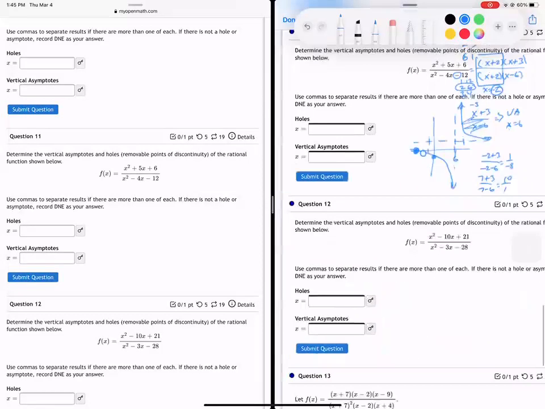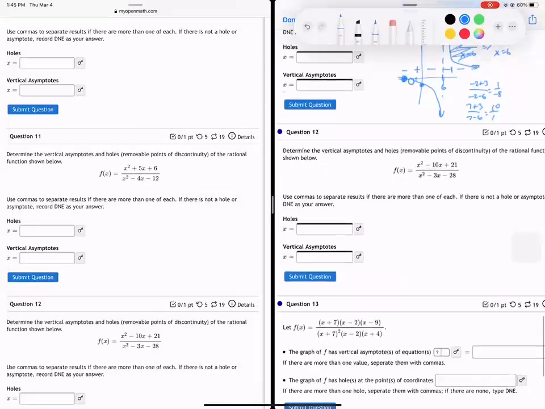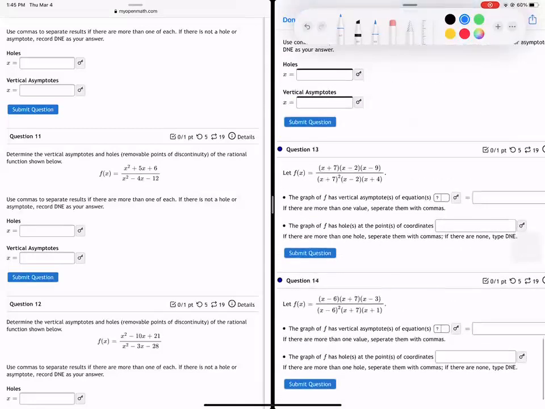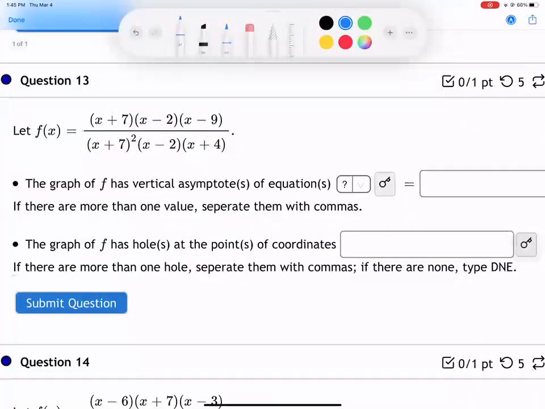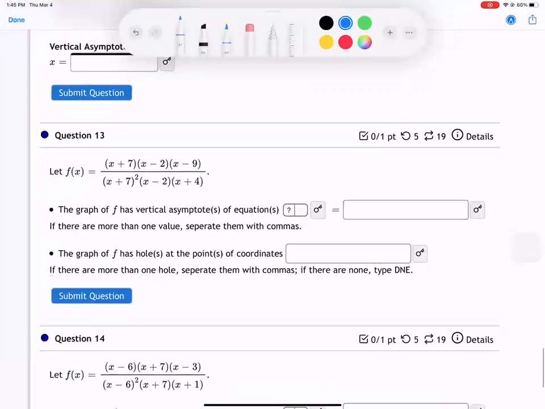Okay. Let's do one more. Let's do number 13. Number 13 is asking everything about this graph. It says, the graph of f has a vertical asymptote where? If you look here, x minus 7 and x minus 7 divide out, but it doesn't get rid of all of them.